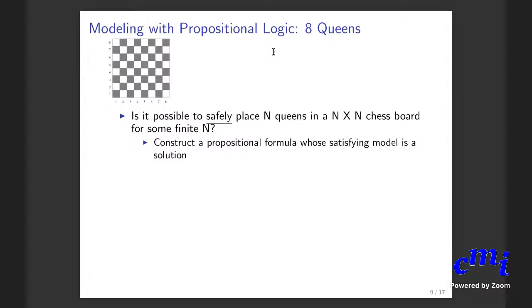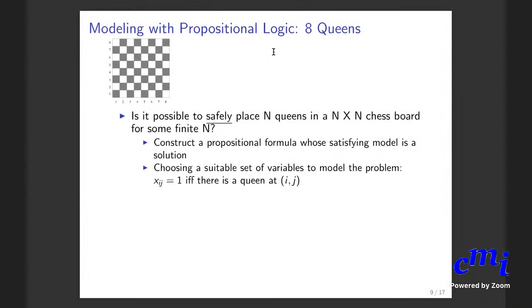Whenever you're faced with this kind of situation, the first thing is you have to choose the propositional variables, the basic atomic propositions that are relevant to express your problem, your scenario. In this case, you have to model the situation of a queen being placed in one of these positions, assuming we have an 8x8 board.